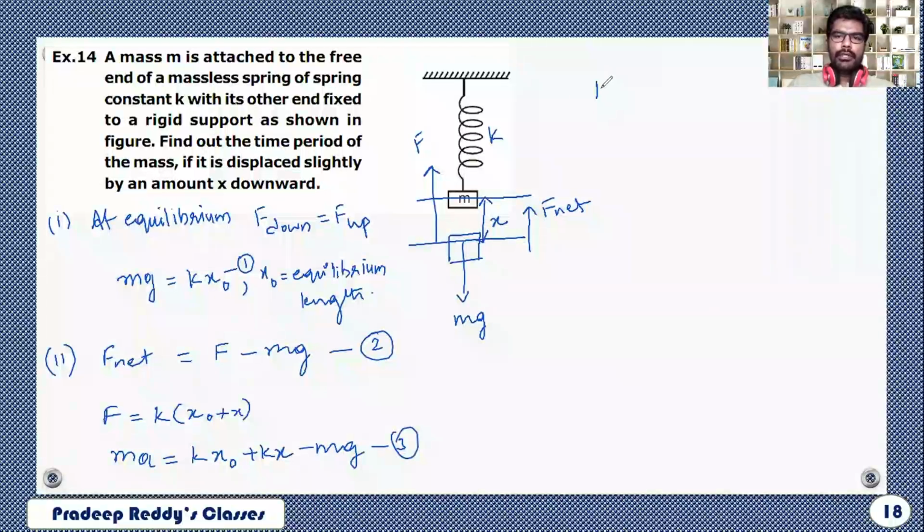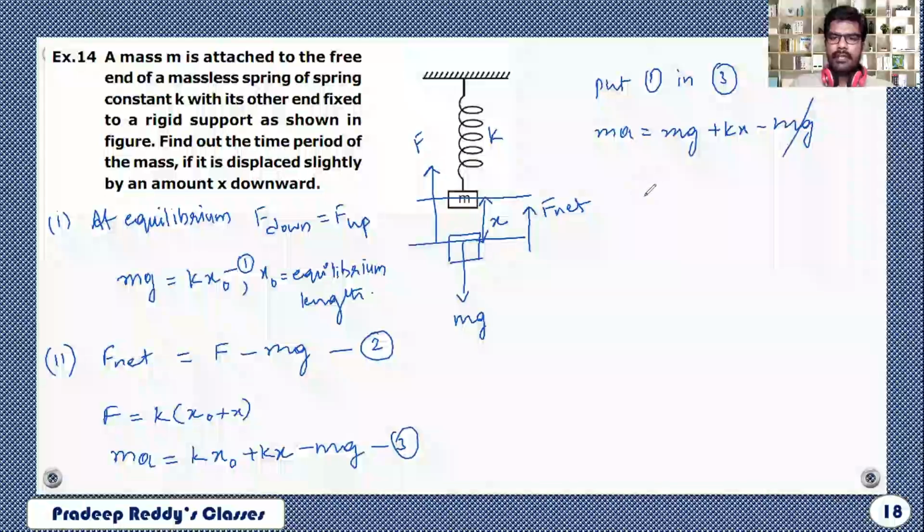Now put 1 in 3. Ma is equal to k x naught, which can be written as mg, plus kx minus mg. Plus mg minus mg gets cancelled. Ma is equal to k into x, but here the net force is in the upward direction.